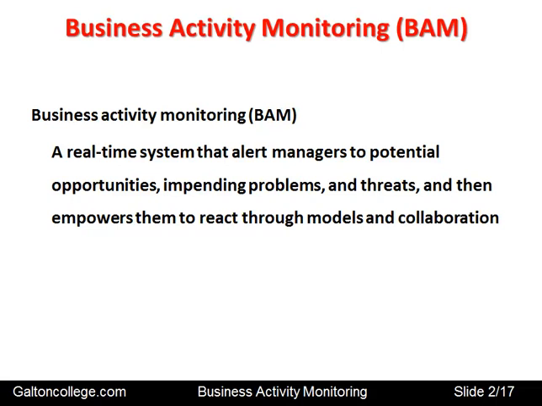So what it does is it looks at potential opportunities, impending problems, threats, and then empowers them to react to all of these through looking at models and collaboration and different techniques for dealing with these situations.